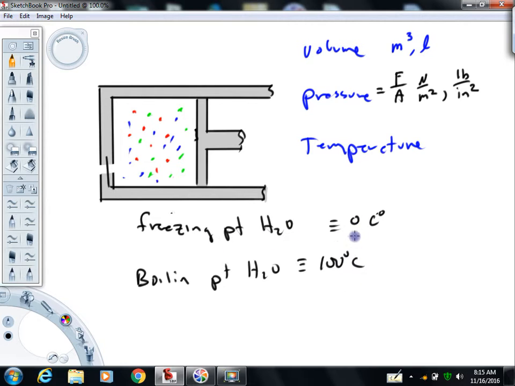Actually, this needs to read right to left. 0 degrees centigrade is defined as the freezing point of water. 100 degrees centigrade is defined as the boiling temperature of water, or the temperature at which water changes phase from a liquid to a gas. And obviously there's 100 divisions in between.